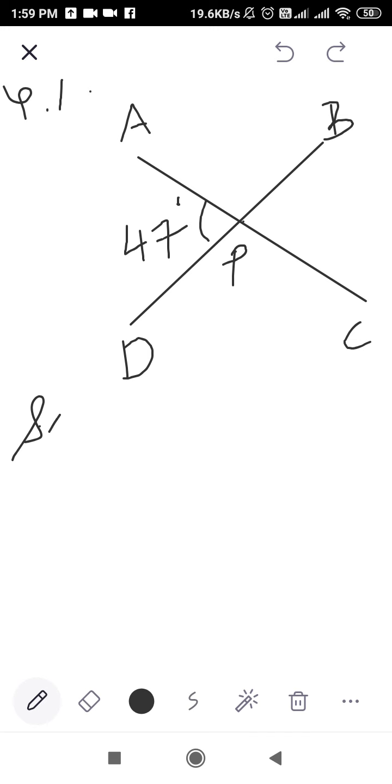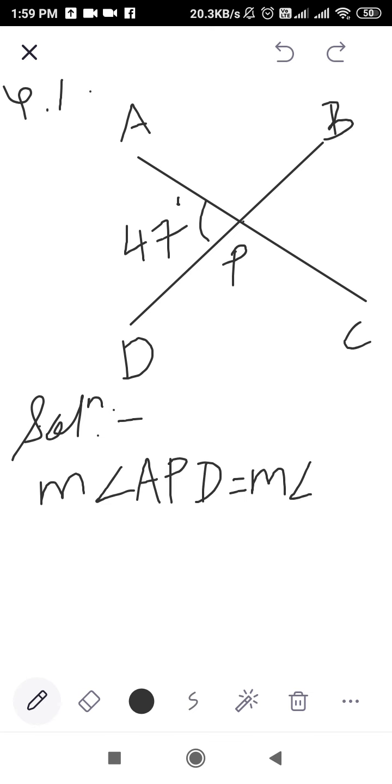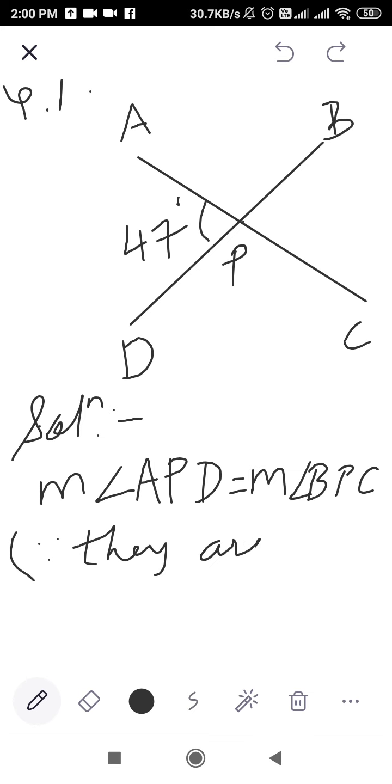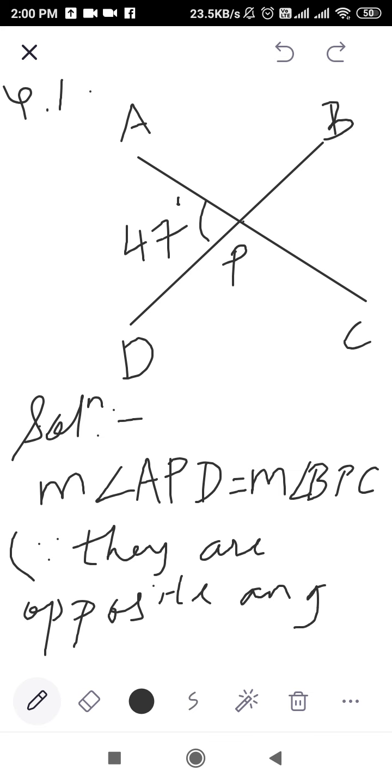Okay, solution. Measurement of angle APD will be equals to measurement of angle BPC. You will state the reason. Since they are opposite angles, right? And opposite angles are congruent, right?